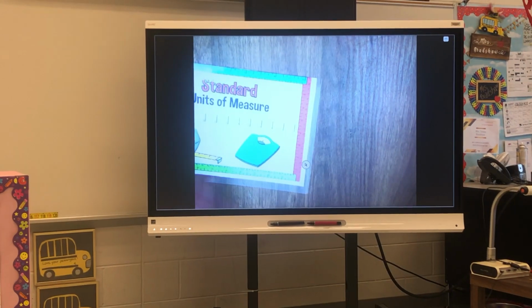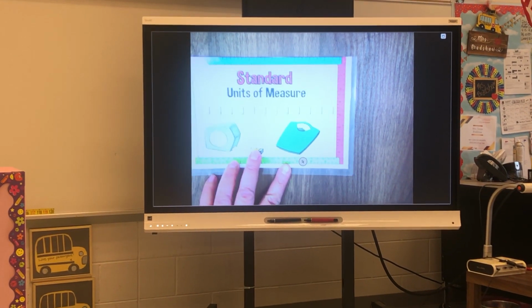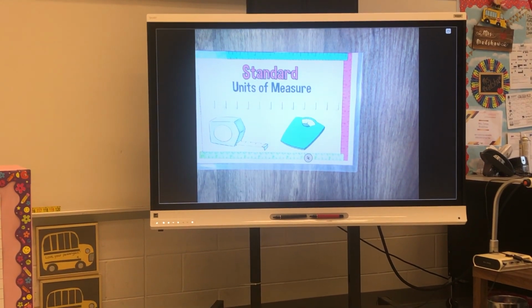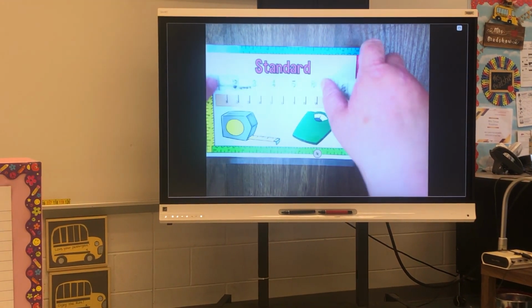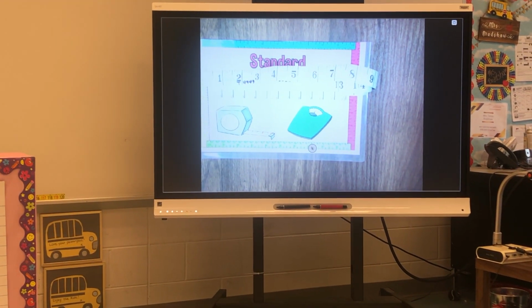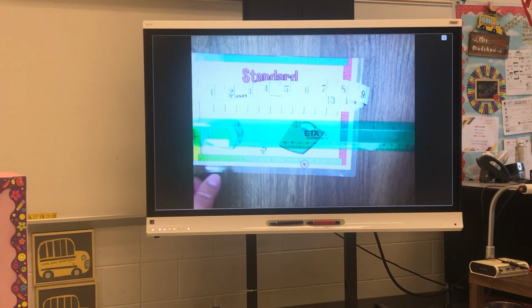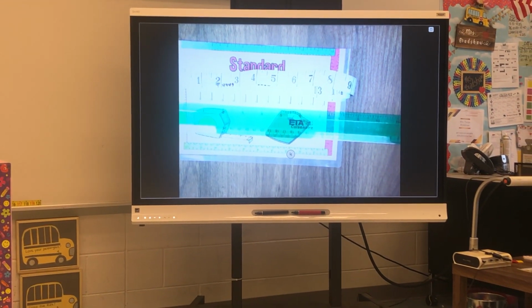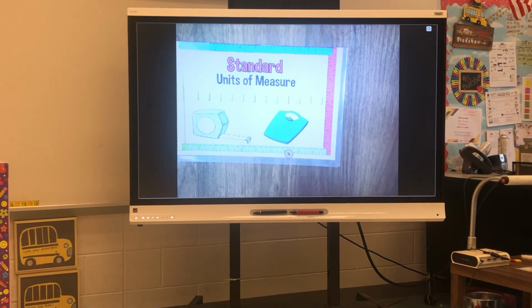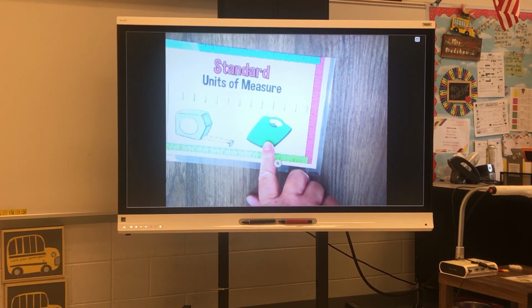And then we have our standard units of measurement, like a tape measure, or a ruler, and here in the picture you even see a scale.